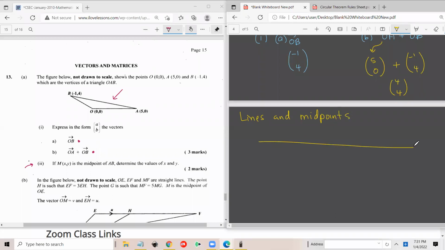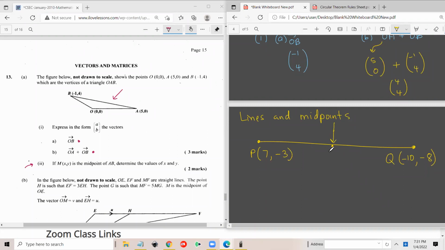If you have a line, like any line in the world, right? Let's say the beginning of the line is P and it's (7, -3). And the end of the line is Q, and let it be (-10, -8). All lines must have a midpoint. It must have a middle.